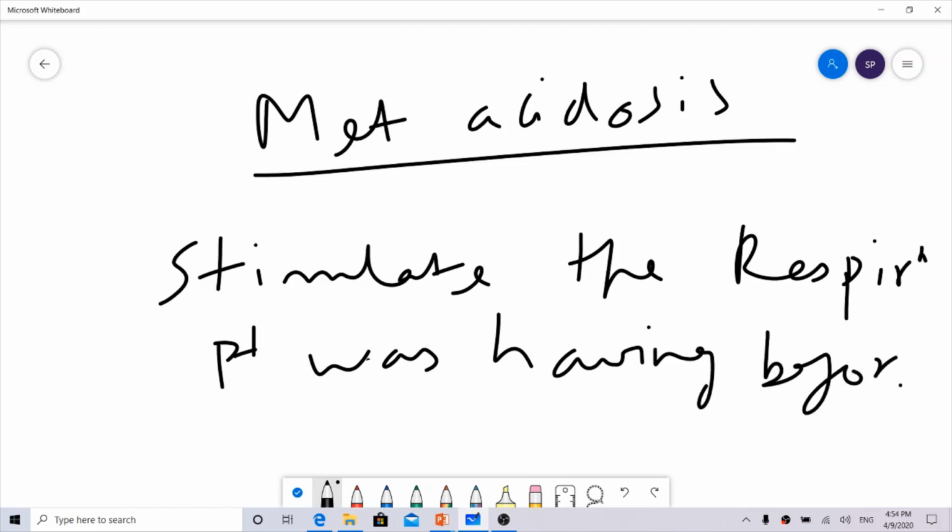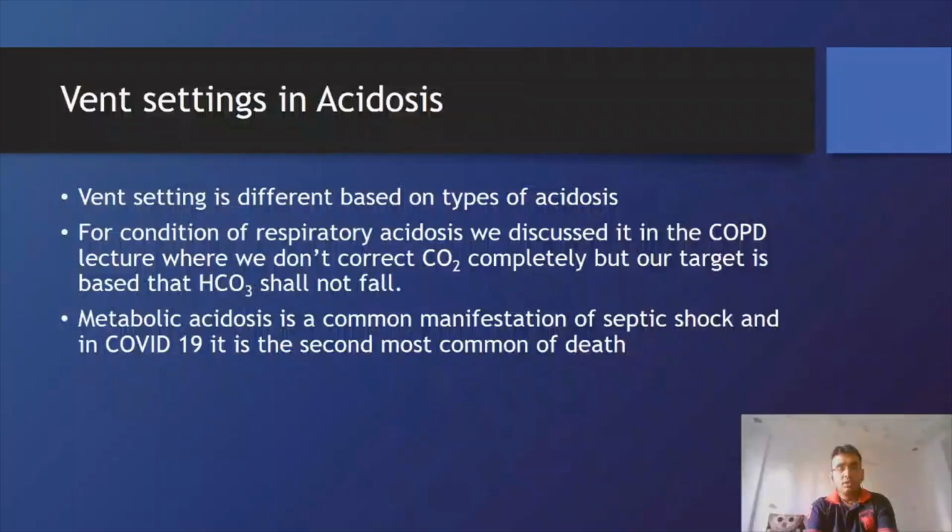So this is very important, because if you don't do it, you'll actually be landing these patients into very difficult situations.